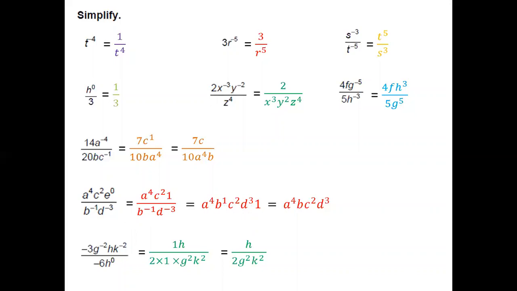Okay, now if you look further into the answer, a to the power of 4 is there. But I did not write to the power of 1. As I explained previously, we don't usually put the exponent of 1. So remove that exponent. So b is b. Then c to the power of 2 and d to the power of 3. And then what does this 1 imply? This 1 means it is being multiplied by d to the power of 3.